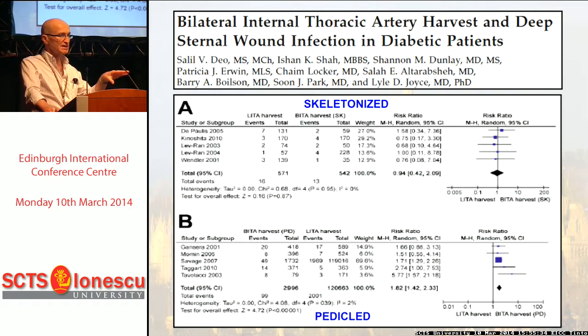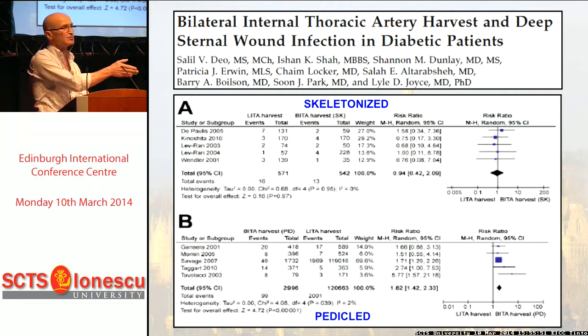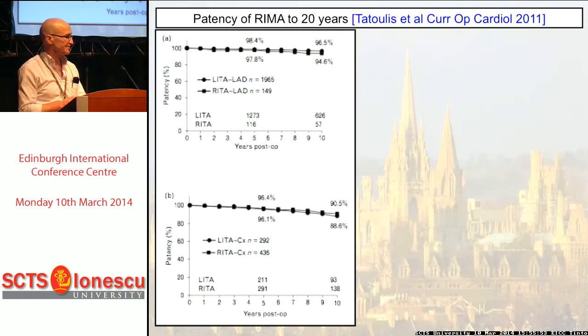Now, I have to say, although this has been published, I have reservations about this because it's been my experience of using 2 mammary arteries for over 15 years, that even skeletonizing them in obese diabetics, I do think there is still an increased incidence of deep sternal wound infection, but this is what has been reported in the literature.